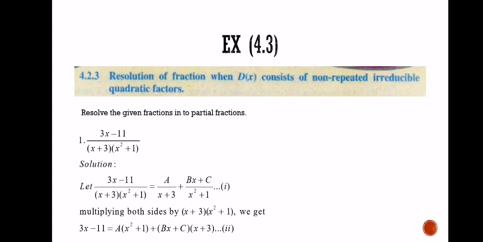So it is x square plus 1. It is quadratic but irreducible and non-repeated, since the power of this factor is just 1, not greater than 1, so it is not repeated. We have 3x minus 11 whole divided by x plus 3 into x square plus 1.